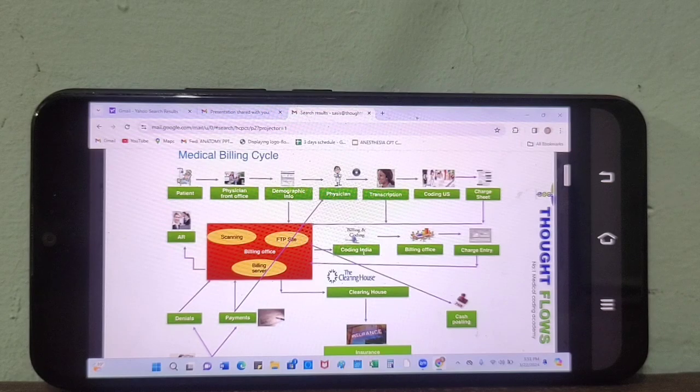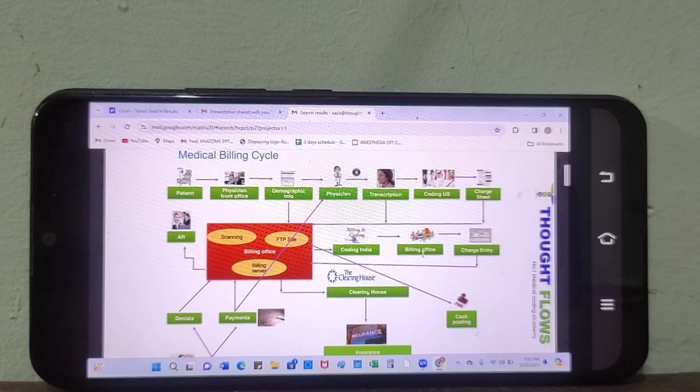In the billing office and coding office in India, they allocate a particular dollar value for the CPT and ICD codes.